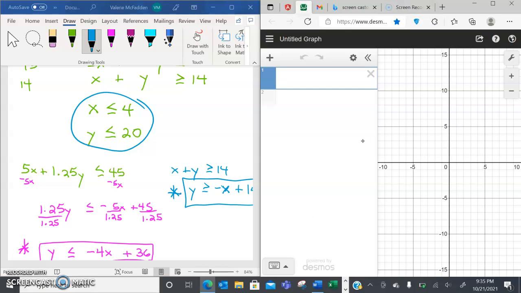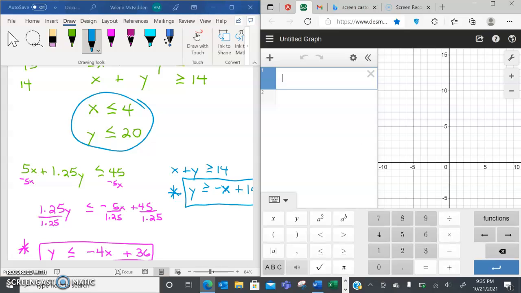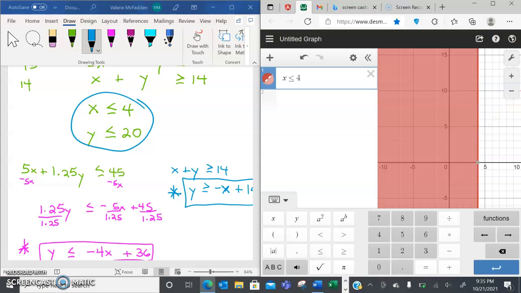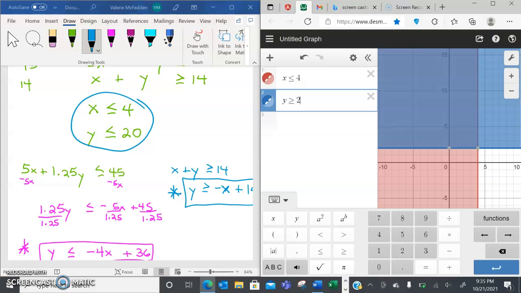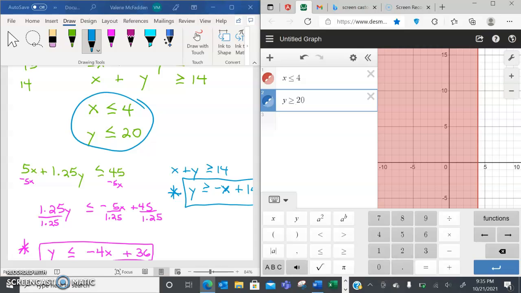So I'm going to type in x is less than or equal to 4, and it shades it for me. And y is greater than or equal to 20. So next line, y is greater than or equal to 20, and it's going to shade it for me.